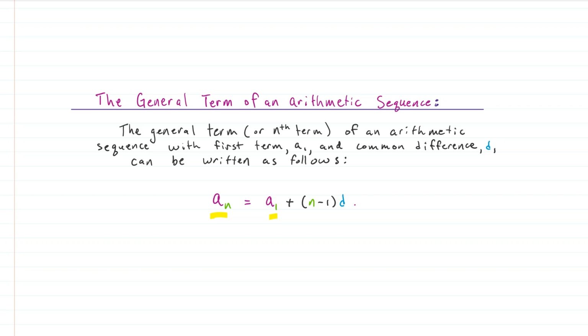So say I wanted to find the 8th term, then I would do a sub 8 equals a sub 1, whatever the first term is, it would have to be given to us. And then I would have 8 minus 1, which would be 7, times the common difference. And I would have to either find the common difference or it would have to be given to me. But it's a great way to find any term that you want in an arithmetic sequence.